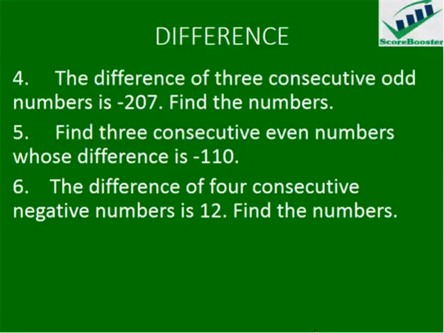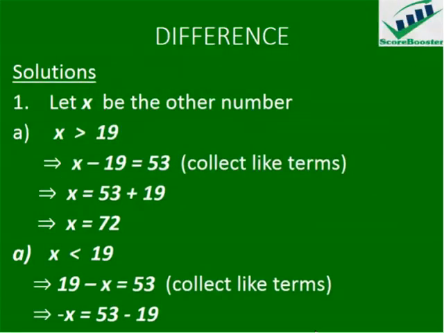Now we move to the solution of the examples. The first example says a particular number and 19 are subtracted from one another. We don't know that number. We don't know if the number is greater than 19 or less than 19. So we are asked to find the two possible values.